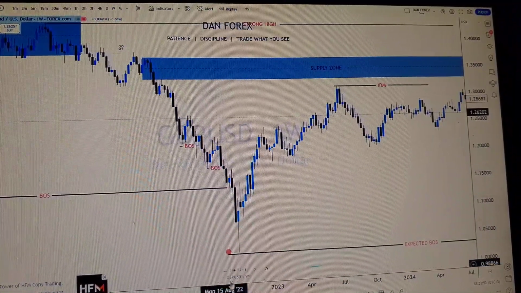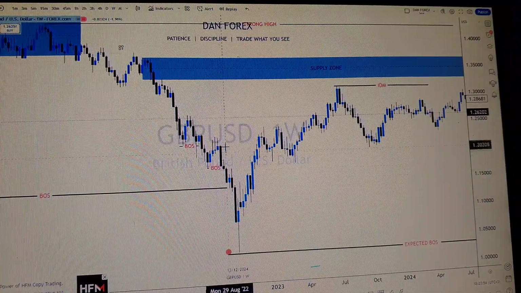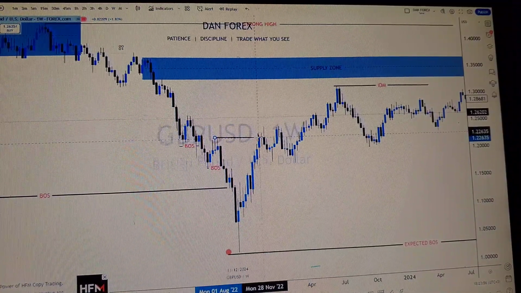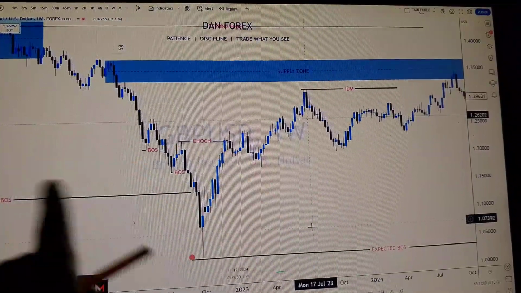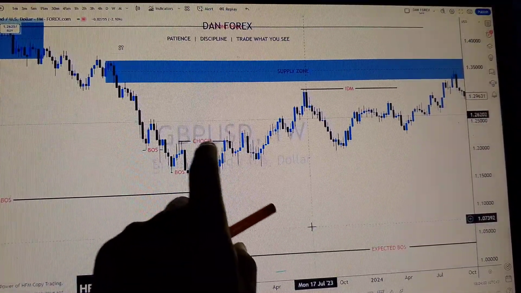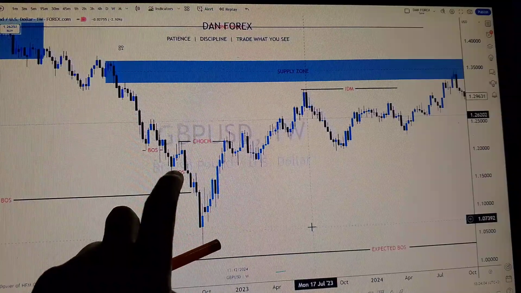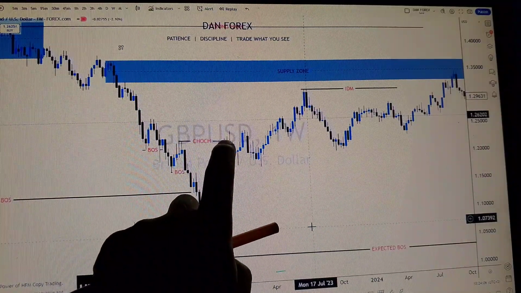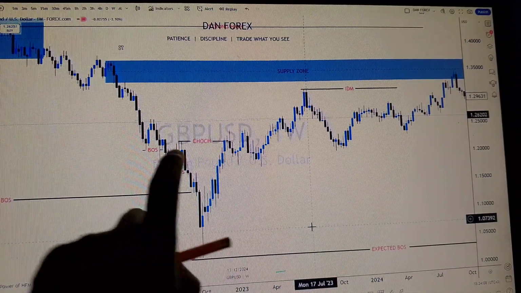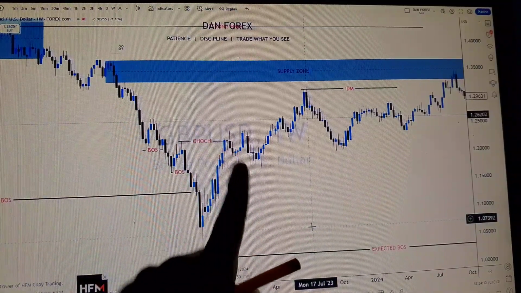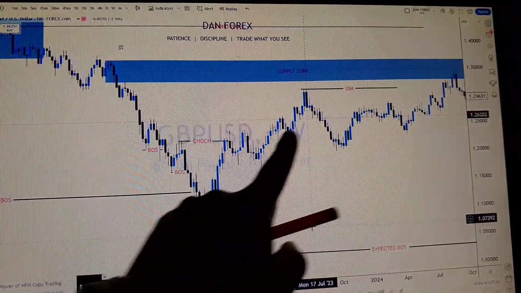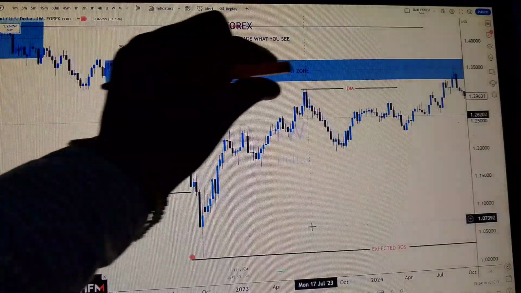So after having that breakout structure, we had this as our change of character to the upside. So the market broke that, went above, breaking this internal breakout structure and giving us a change of character over here. So it broke this strong high around here, giving us a change of character to the upside. So this was a pullback for this supply zone, right?